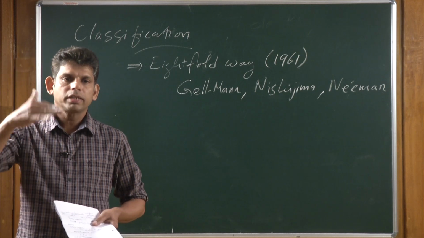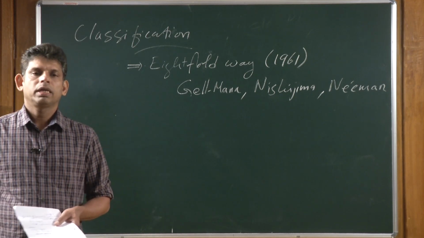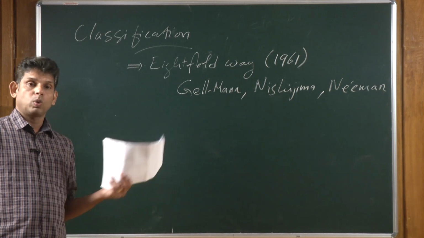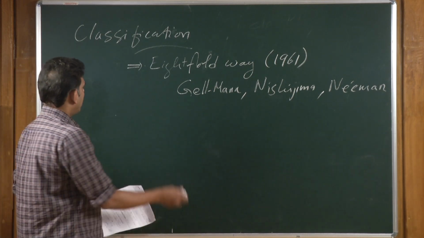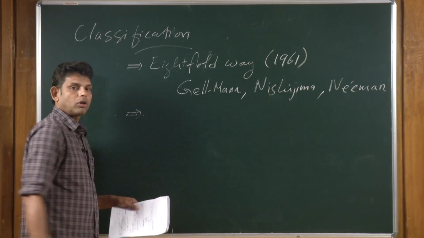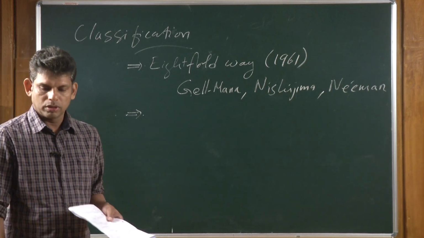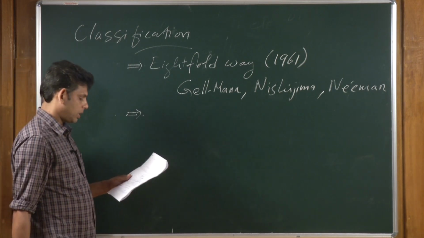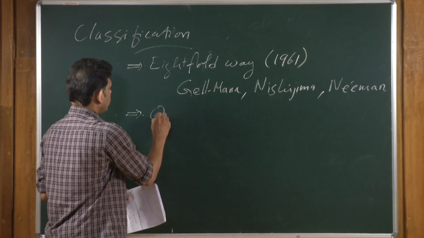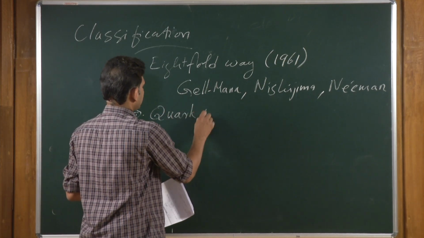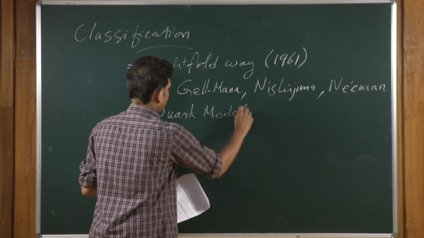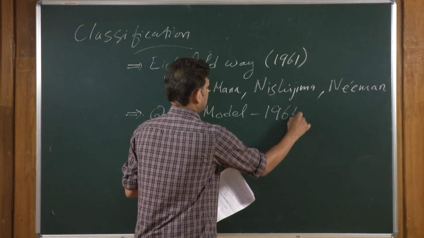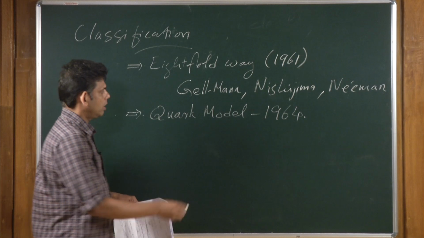So, this classification had been done in a proper way, and this is now thought of as a good turning point in the understanding of these particles, and this led to what is called the quark model, which was established by 1964, again Gell-Mann and Zweig.